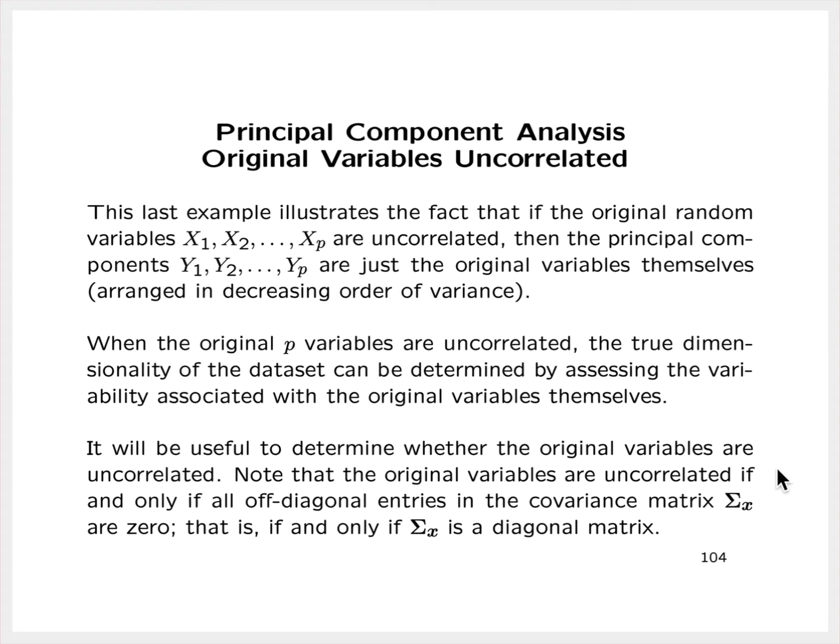And because of this, and because there are some other reasons too that we'll talk about, it's going to be useful for us to be able to determine whether the original variables are uncorrelated or not. Now, note that the original variables are uncorrelated if and only if all off-diagonal entries in the covariance matrix cap sig are 0.